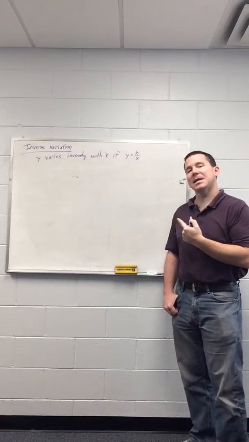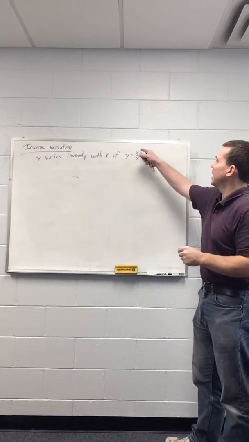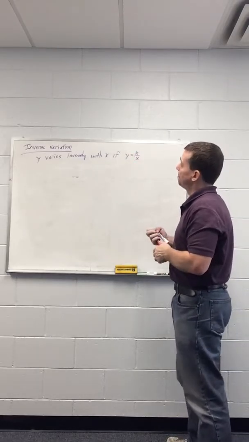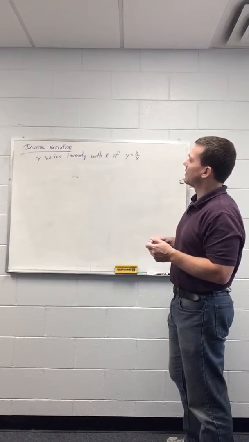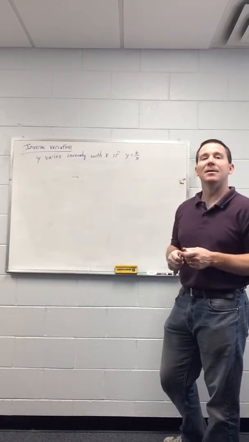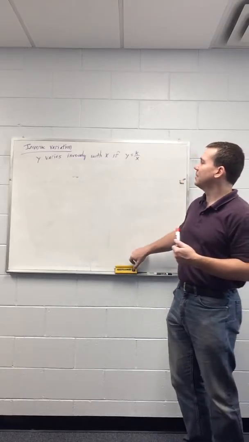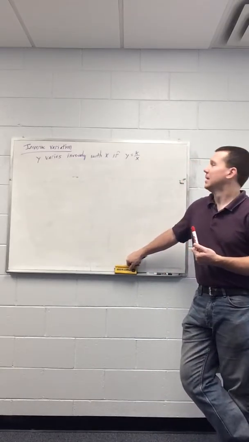This is the exact same as direct variation. We still have a constant of proportionality k. The only difference is, well, instead of multiplying, I divide. But other than that, the method of solution, the problems will all be identical.